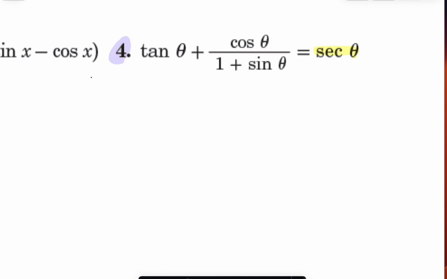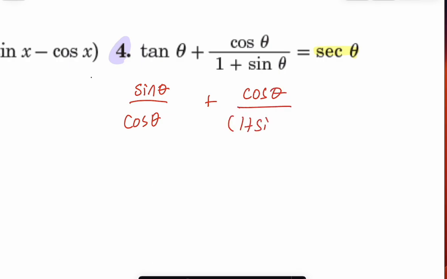So by the quotient rule, I know that the tangent is sine over cosine. Now I'm going to give myself a little bit of room, and I'm going to kind of do a similar trick that we saw before. I'm going to multiply the left fraction by the right denominator and vice versa.